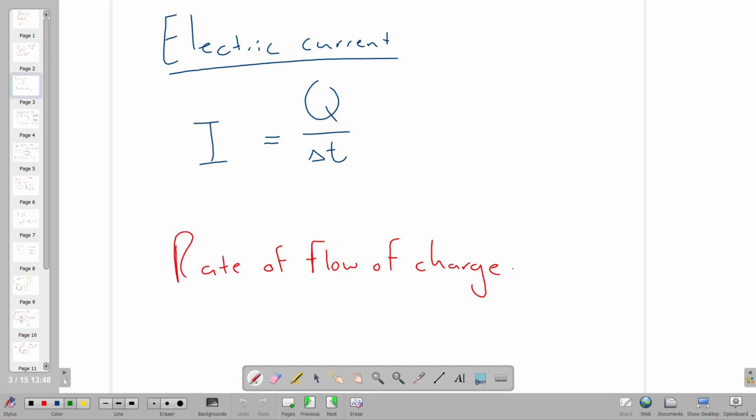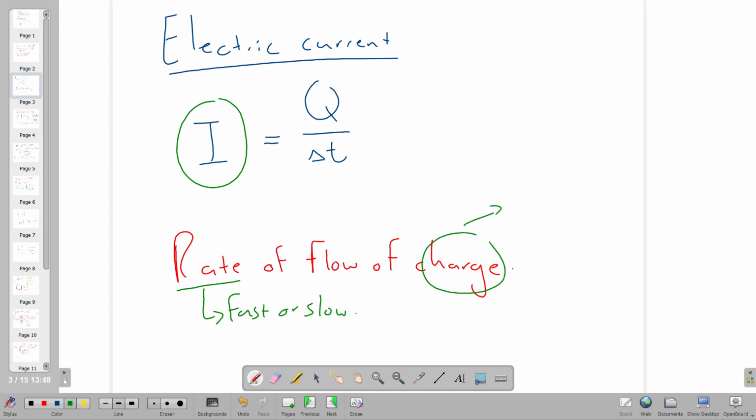Electric current, I, is the rate of the flow of charge. Rate meaning the time, how fast or slow electrons flow. So charge is electrons. Remember, we did charge quite extensively just now in our electrostatics course.